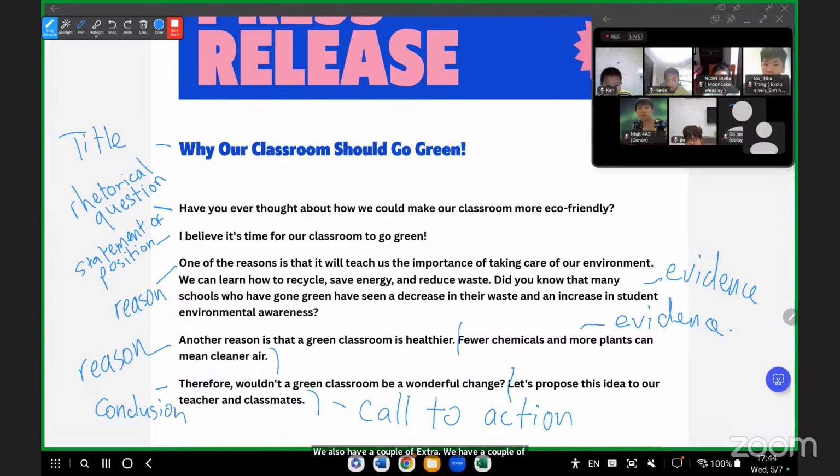So we've got the title that invites people to want to read on. And we immediately start with our rhetorical question that gets people thinking about what you're going to say. And then it goes in with our statement of position, our reasons, our evidence, and our conclusion, which in this case happens to include our call to action.